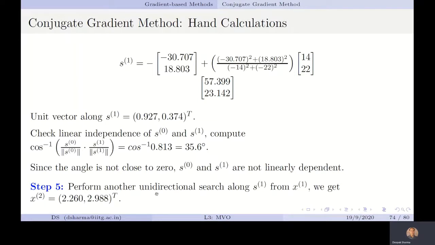Afterwards, we perform another unidirectional search along S1 from x1. We again use single variable optimization techniques to find the value of lambda star. Putting it into the formula, we get x2 as 2.260, 2.988, transpose.